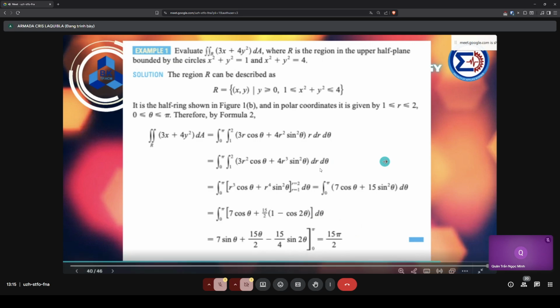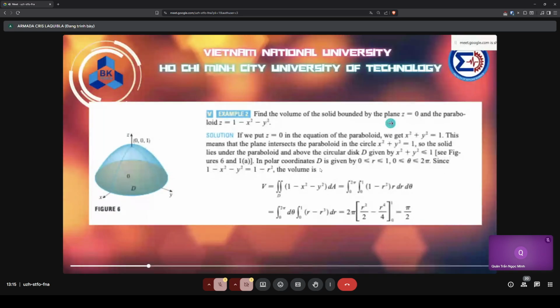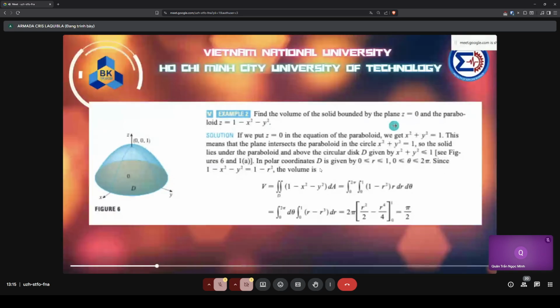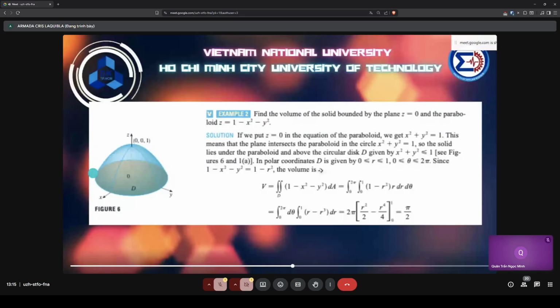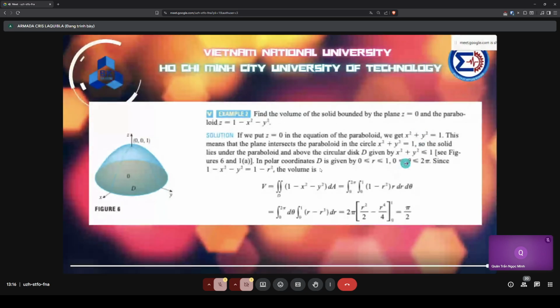Next example, if you have this, find the volume of the solid bounded by the plane z is equal to 0 and the paraboloid z is equal to 1 minus x squared minus y squared. The graph of this, when you say plane z is equal to 0, it should be here, the plane in the xy plane, because z is equal to 0 there, right?